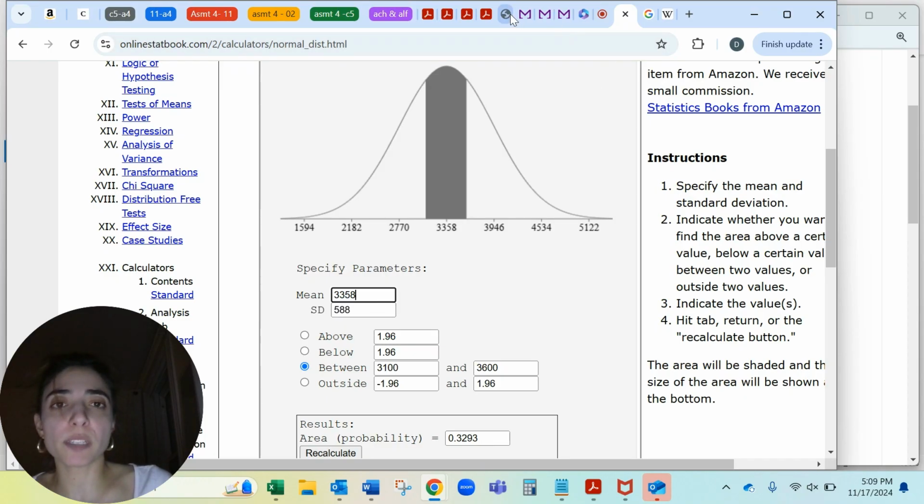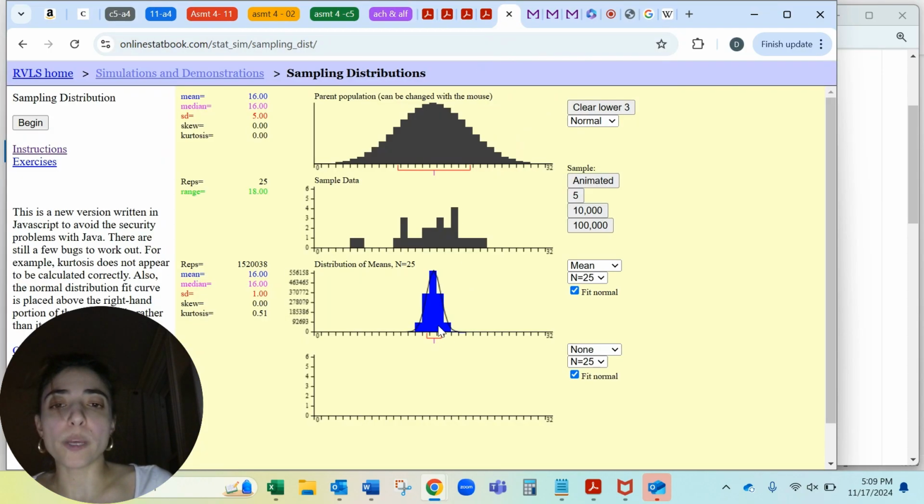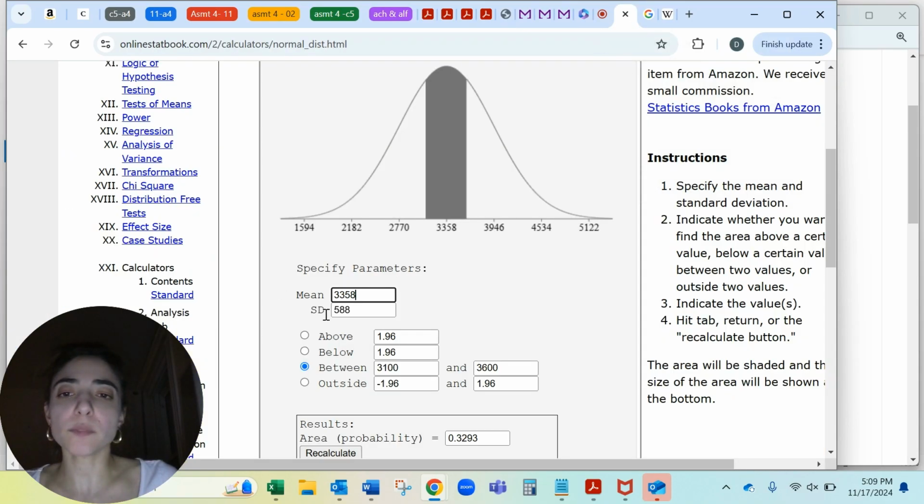The mean of the blue histogram will be the same as the mean of the population. The mean of my sample averages of samples of size 30 will still be equal to the average of the baby weights, 3,358. What will be different is the standard deviation.